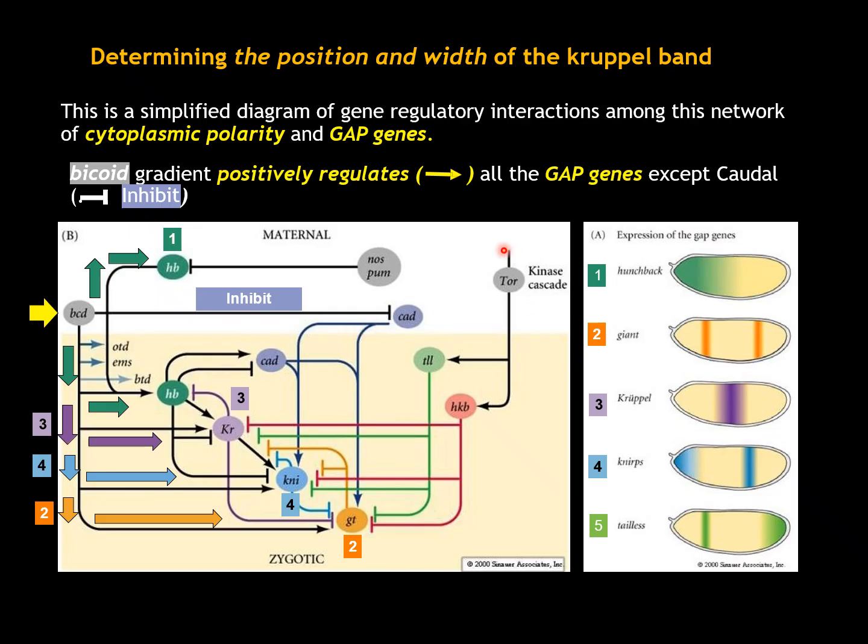So for example, torso, yeah, it will positively regulate these two genes. Giant, if you see, the gene giant is positively regulated by Bicoid, but it will be negatively regulated by this one in red, the green one that is tailless.